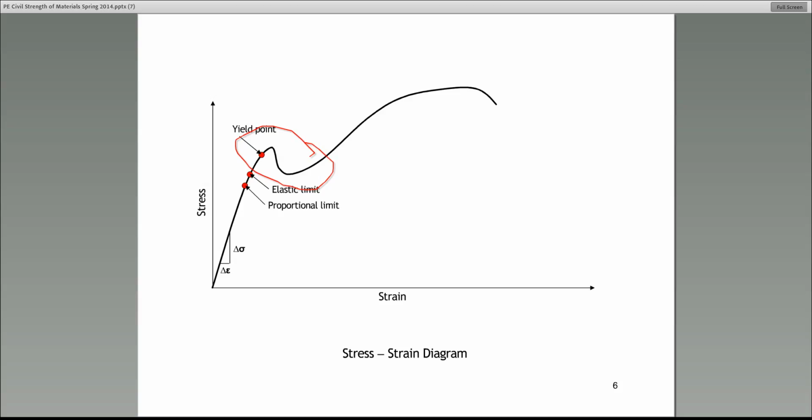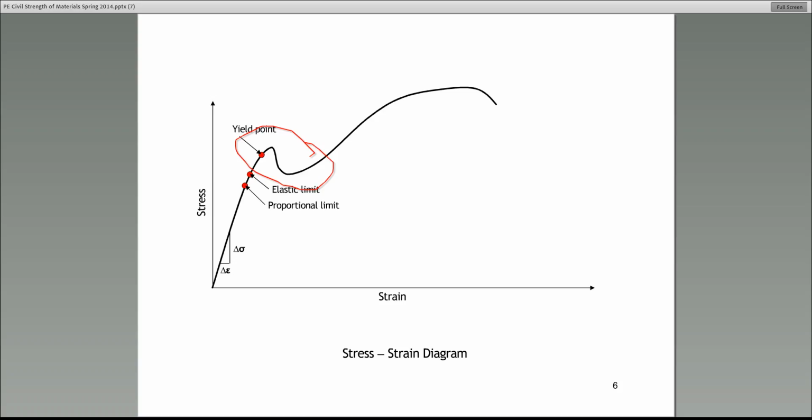Paul is asking, would you describe the difference between the elastic limit and the proportional limit? The proportional limit, as I said, below that point, the stress-strain curve is linear. X and Y are dependent on each other. They're proportional to each other. The elastic limit is somewhat higher than the proportional limit, so they are not the exact same point.